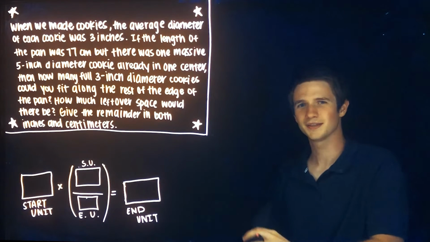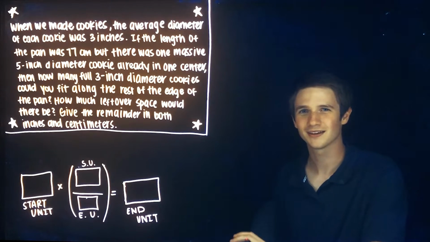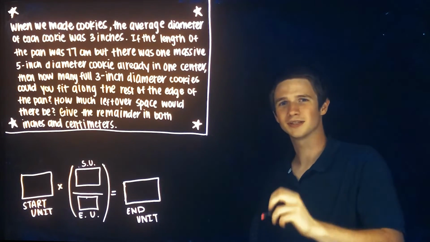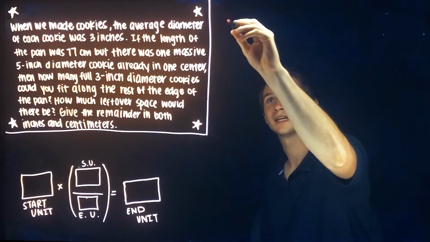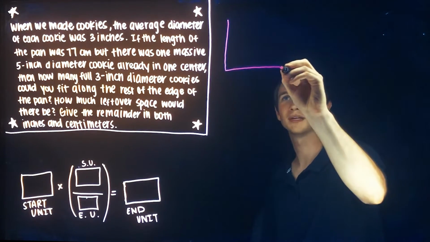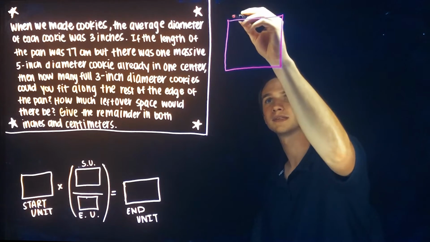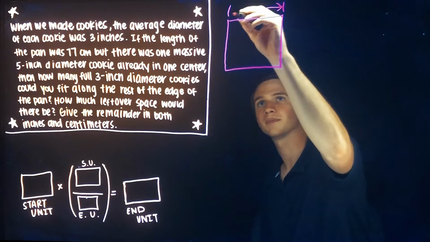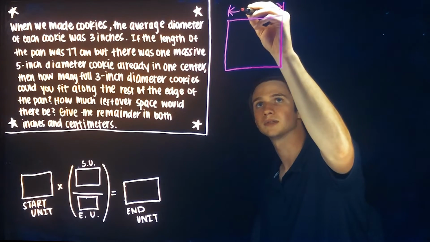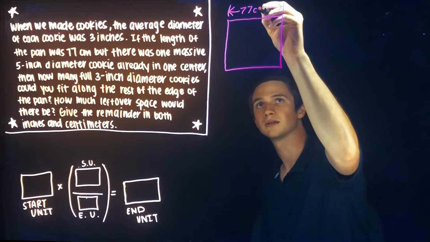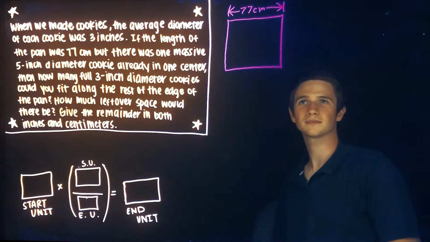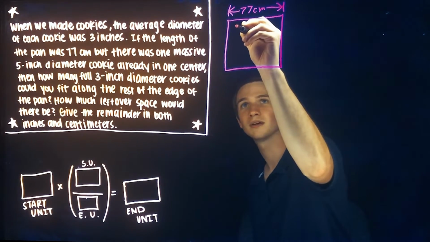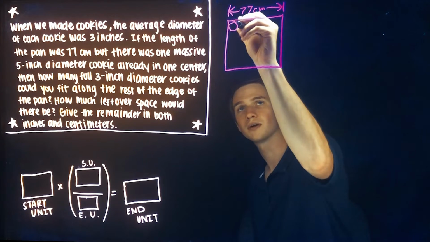Action. In this problem, we're going to be looking at cookies, like the ones we baked in the last lesson. So in this time, we have a 77 centimeter pan. That's the length of it. So this length at the top of the pan, we'll say is 77 centimeters. Now we have one 5-inch diameter cookie right up here in the corner.